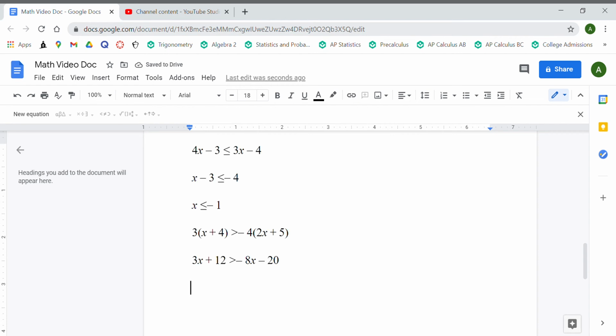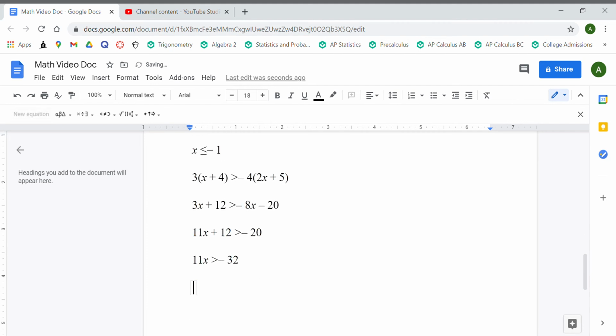Anyways, because I want to keep variables on the left side of the inequality, I need to add 8x to both sides. You should have 11x plus 12 is greater than negative 20. Ooh, this will be an ugly one. 11x is greater than negative 20 minus 12, which is negative 32. Divide each side by 11. Keep the symbol.